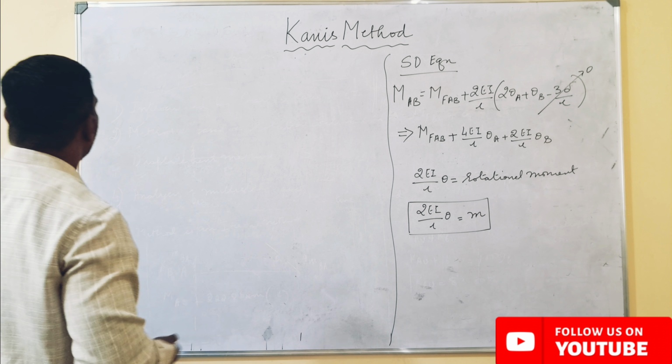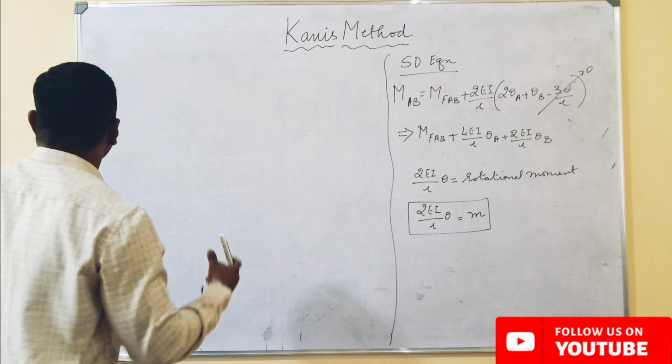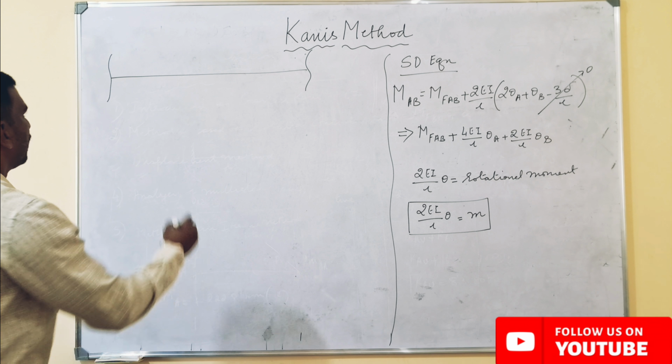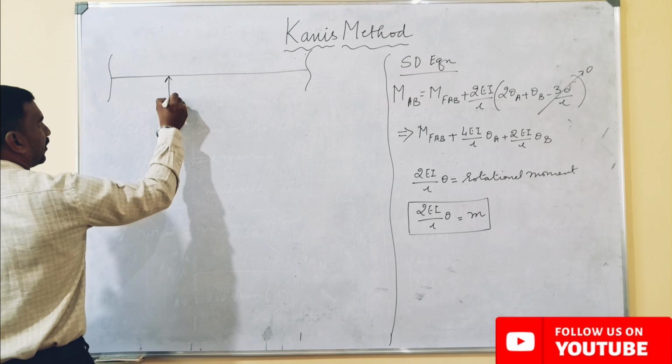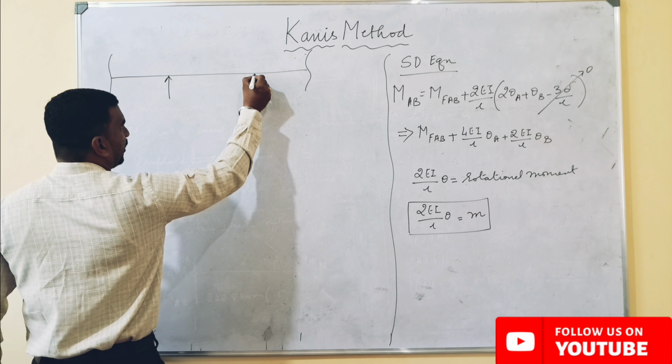To find out the end moments, let us consider a continuous beam of a span AB, this is A, this is B, subjected to 2 point loads, say W1 and W2.